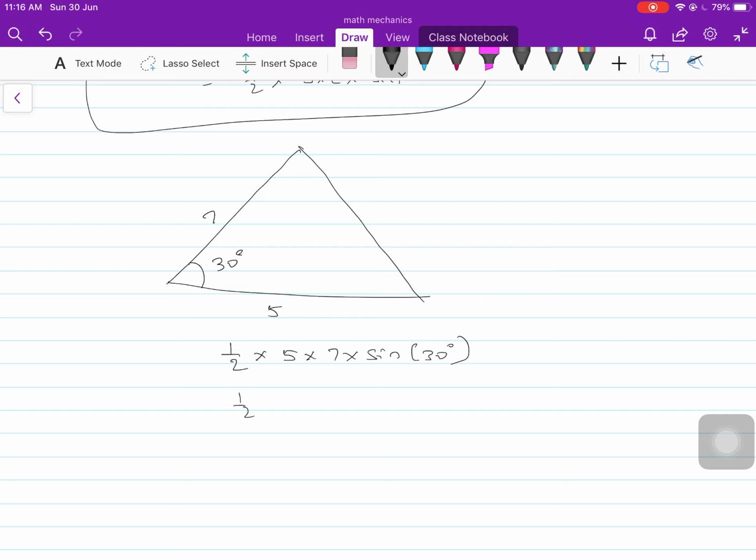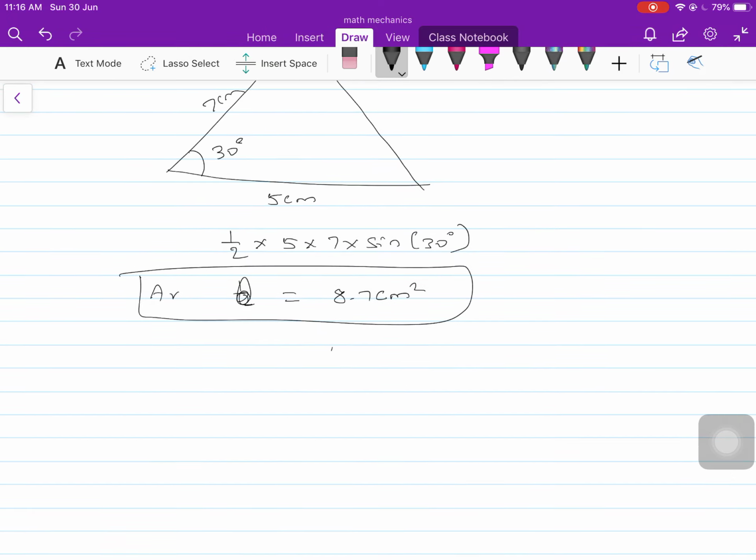So half into 5 into 7 into sine of 30. So you end up getting 8.75. Let this be centimeters. So the area of the triangle would be this much. You will use two sides and the angle between them, half into the product of these two sides and the sine of the angle between them, to find the area of a triangle.